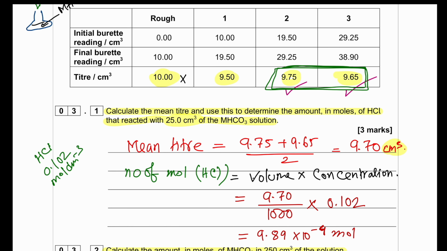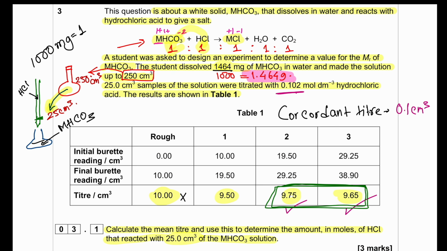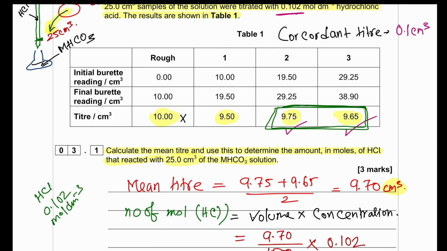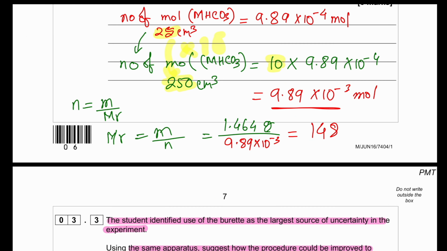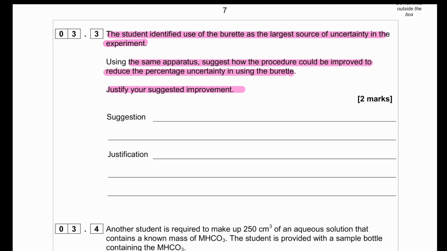So if we make the hydrochloric acid more dilute, then we would require a bigger volume of that hydrochloric acid. And since we would require a bigger volume, the percentage uncertainty for that particular process would then decrease.